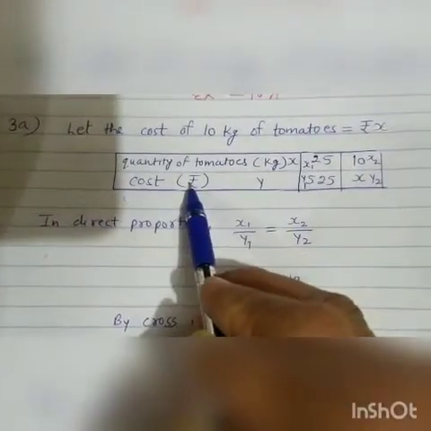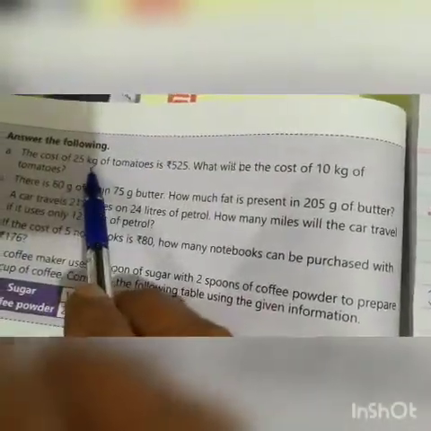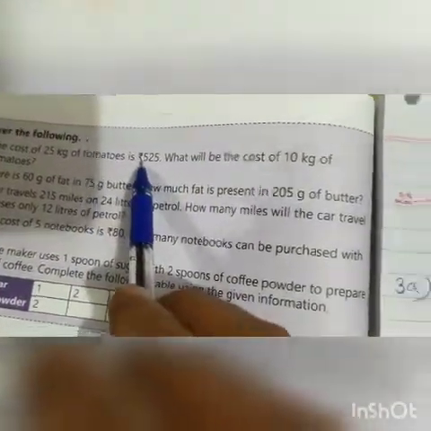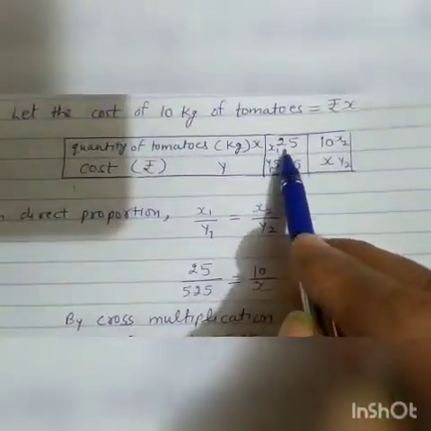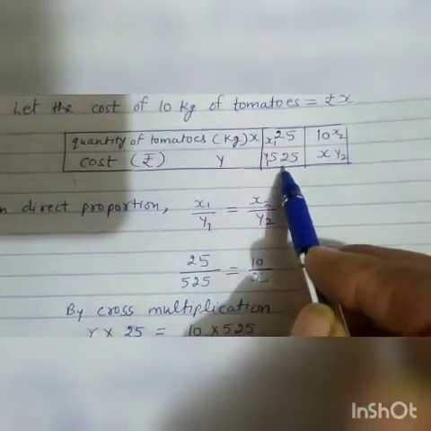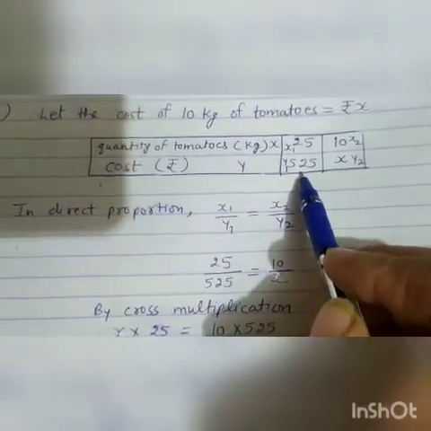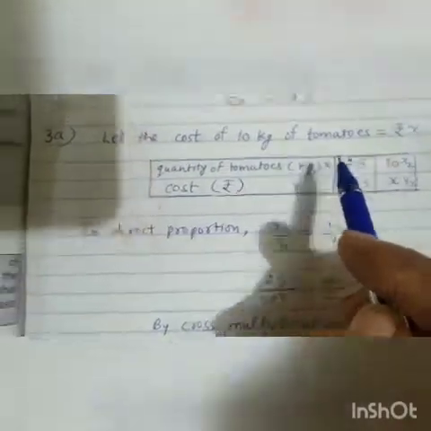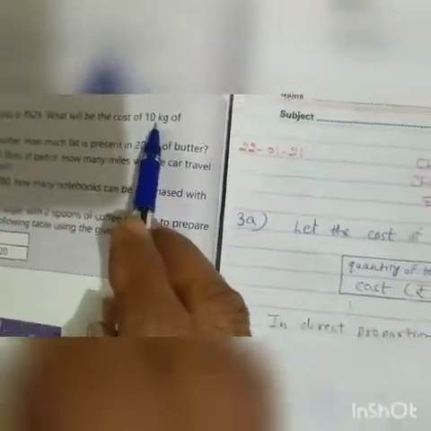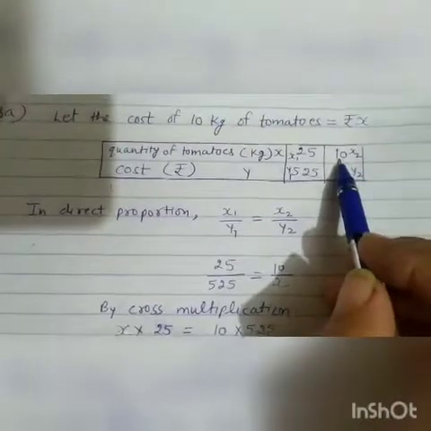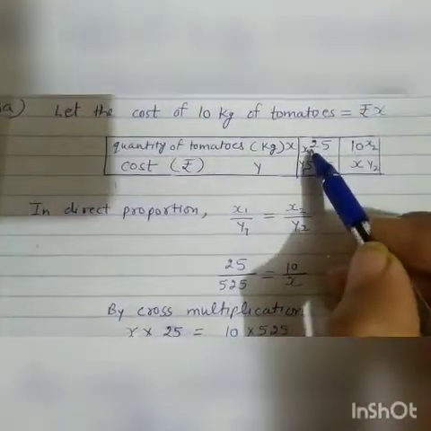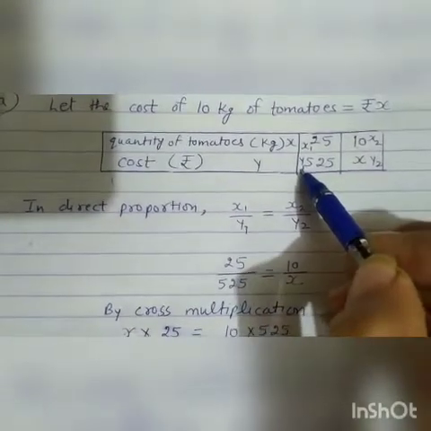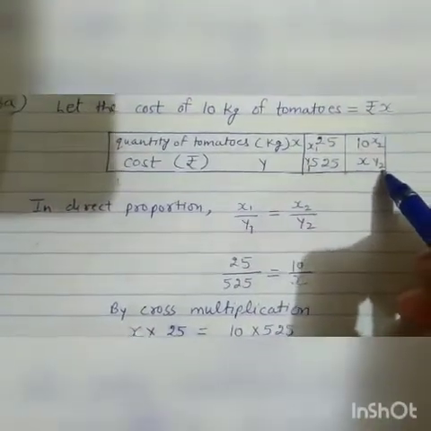In the first case, weight of tomatoes is 25 kg and cost is 525 rupees. In the second case, weight of tomato is 10 kg and cost we have to find out. So this is x1 and this is y1. Then this is x2 and y2.